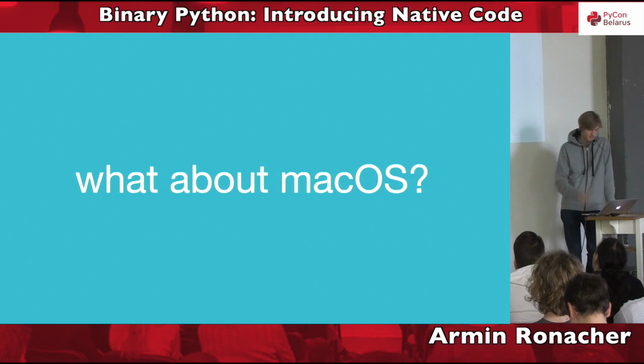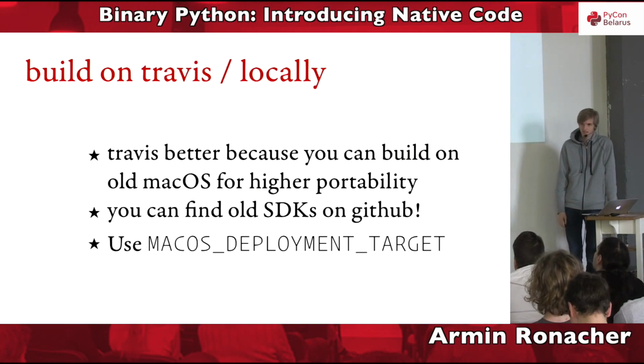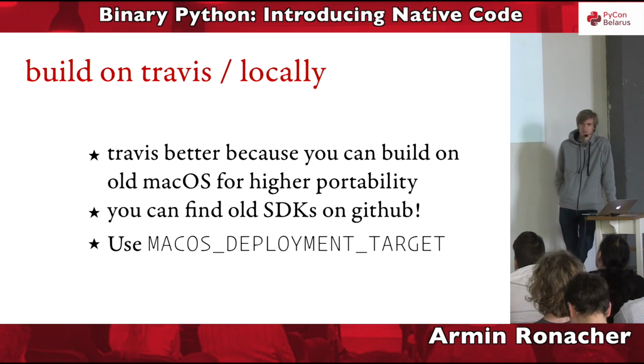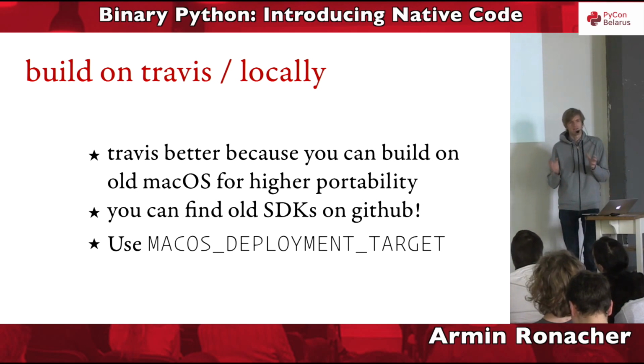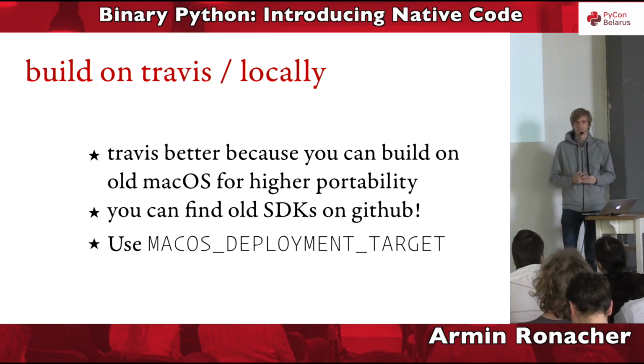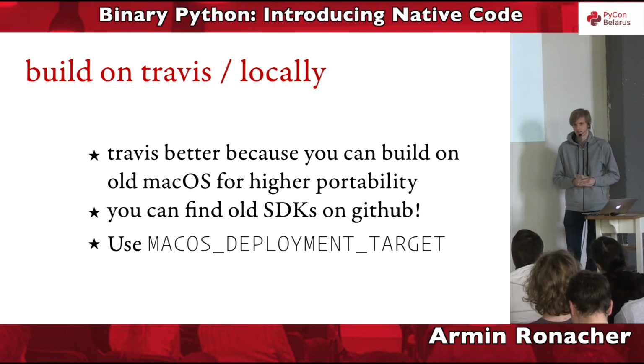What about macOS? We also build this on Travis. This is where it gets a little bit weird. Apple doesn't really care about supporting old things. So you can find semi-legal old OS X SDKs on GitHub. If you use an old OS X SDK, you can be a little bit more compatible downwards. So we build for OS X 10.10 on more modern machines.